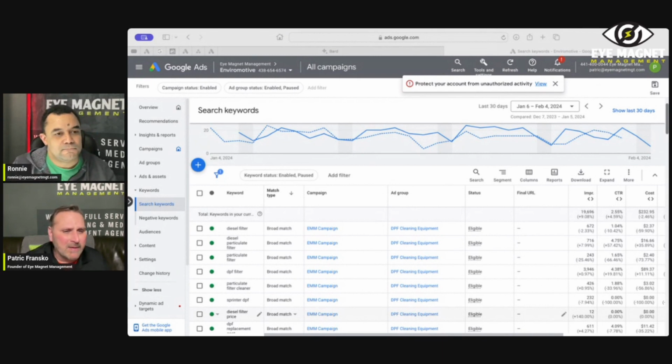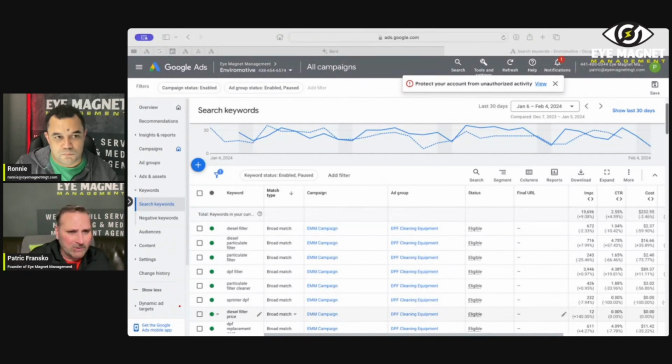That's really not a factor of the keywords as much as it is you could set up the maximum amount you want to spend per click. So there may be a competitor that's using exact match or phrase match and saying, if it's an exact match, I'm willing to pay a lot more money for that click because this is exactly what I'm looking for.